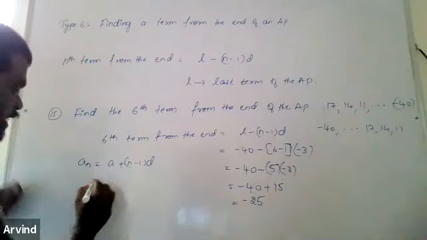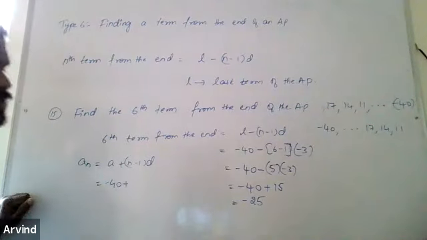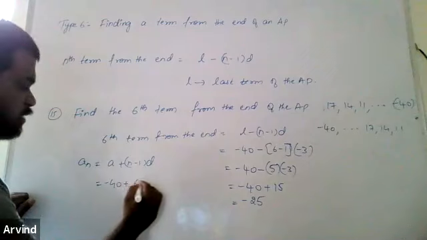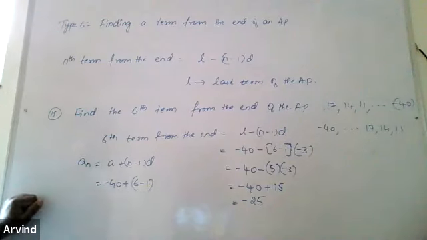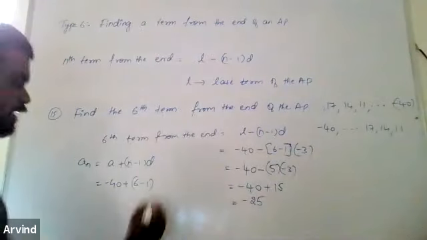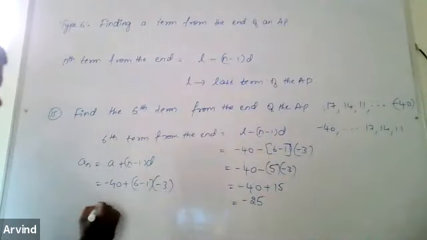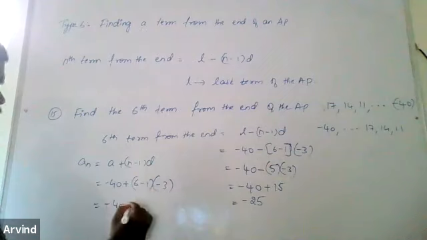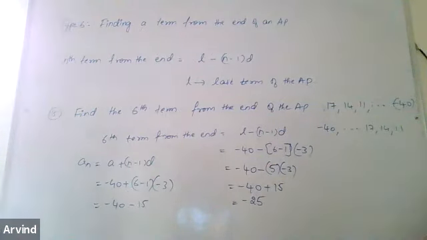So in place of a, you put minus 40, plus n, they are asking the sixth term, so 6 minus 1. What is your d value? Check it. 11 minus 14 is minus 3. You'll get the same again. Minus 40, plus into minus is minus, 5 3s are 15. 6 minus 1 is 5. Here you will be getting what? 11 minus 14, minus 3.